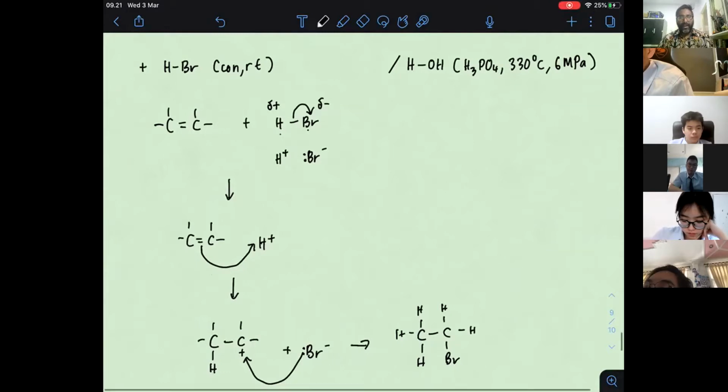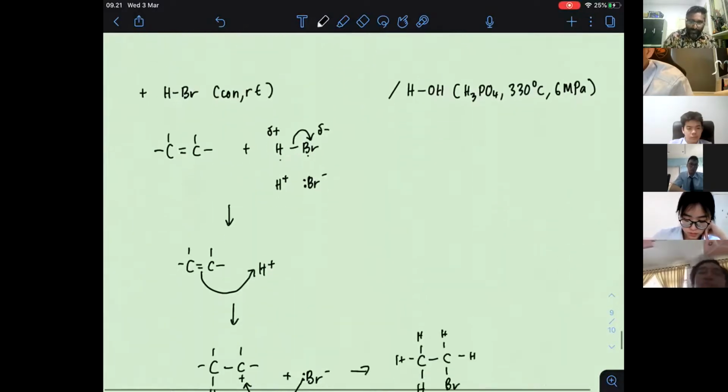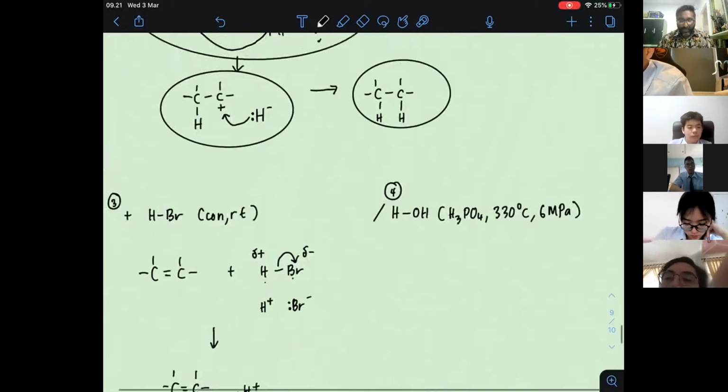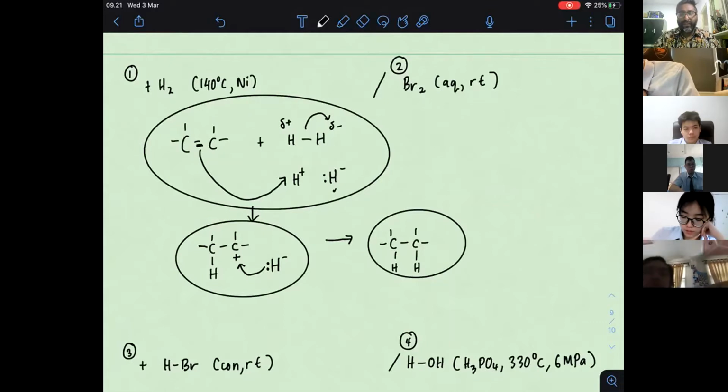So with that, you can see we have done all four mechanisms involving electrophilic addition. To answer the question that Josh was asking yesterday, how the electrophiles are formed: the electrophiles can be formed in two ways. One, if you are non-polar, you come closer to this alkene, then there will be repulsion of the electrons, making it partially negative and partially positive.